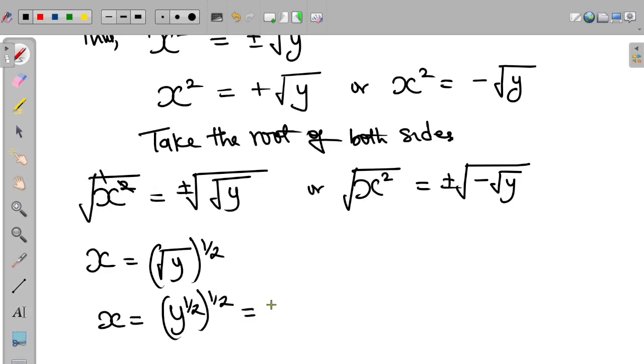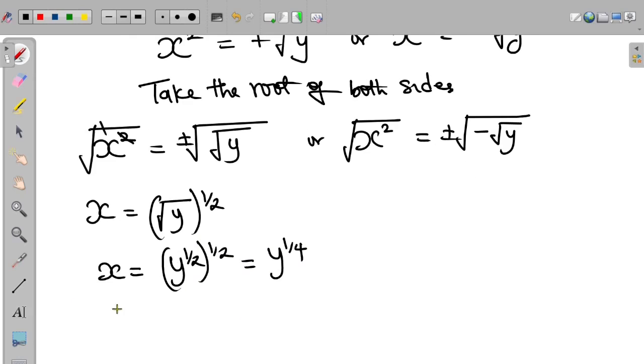So this is written as y raised to the power of 1 divided by 4, so x is equal to plus or minus 4th root of y. Let's call here equation 1.